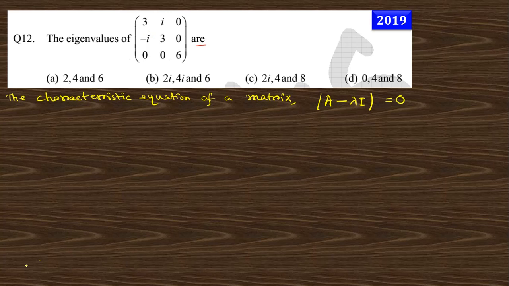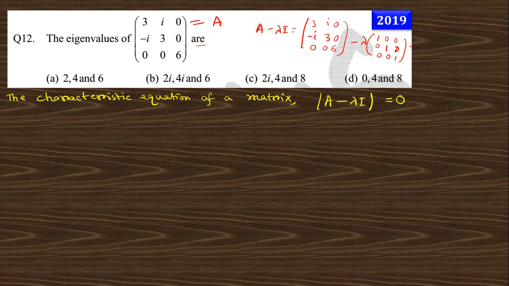So take this matrix as A, and A minus lambda I is nothing but A, which is 3, I, 0, minus I, 3, 0, 0, 0, 6, minus lambda times the 3 by 3 unit matrix, that is 1 0 0, 0 1 0, 0 0 1.